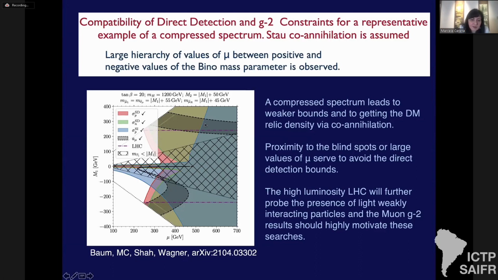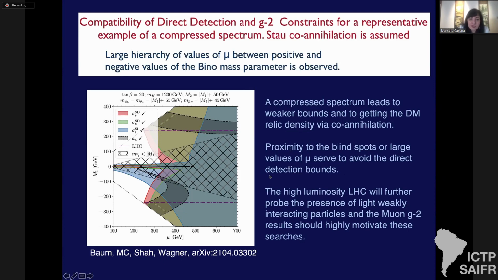For positive ones, basically you have the large mu solution that is the regular solution, but there are solutions in these areas, the darkest area here and the darkest area here, where you can explain g-2 with a light Bino-like dark matter. You can have the right relic density through co-annihilation with staus or muons, or with charginos, and you can be in the region where you're close to some blind spots, so that you are okay for cross sections, and so avoid direct detection experiments.